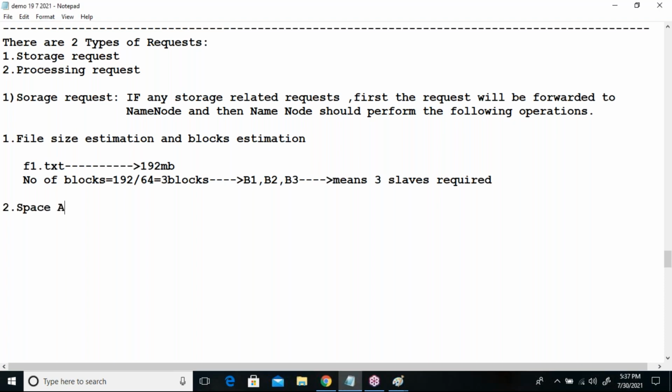Second, space availability check. Whether the space is available within the slave nodes. Next, selecting appropriate slaves for storing the blocks.